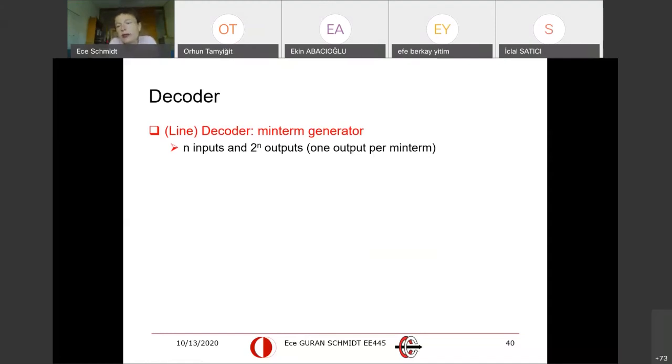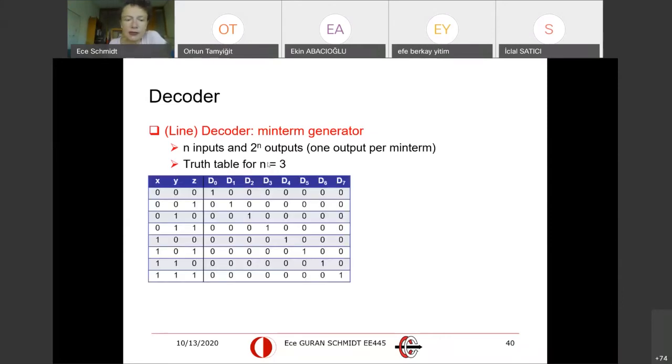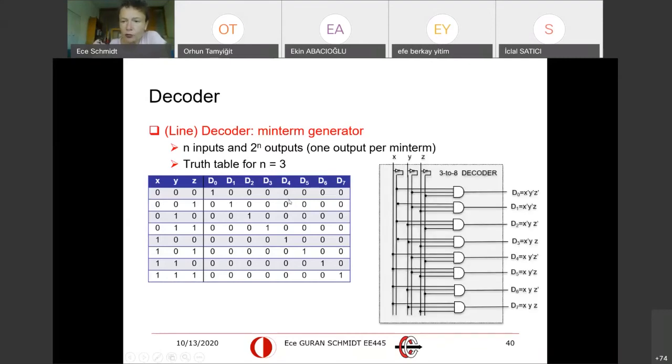So decoder is a combinational circuit. It has n inputs, 2 to the power n outputs. And we are looking at this line decoder, which is actually the min-term generator. So it looks like this: 3 inputs, 8 outputs, and only 1 output is 1 at a time.